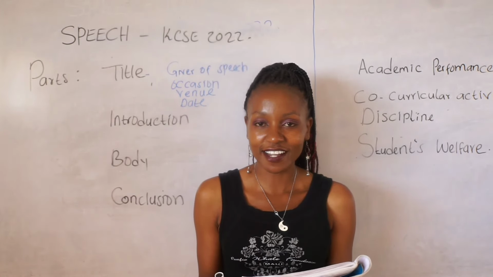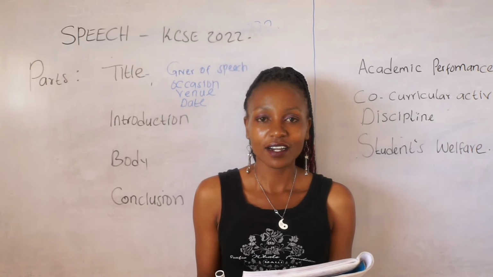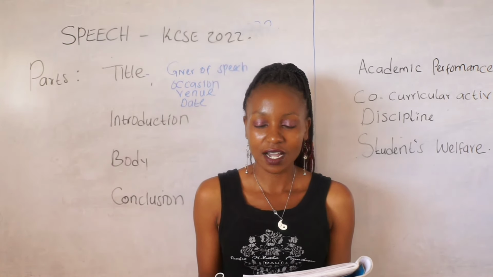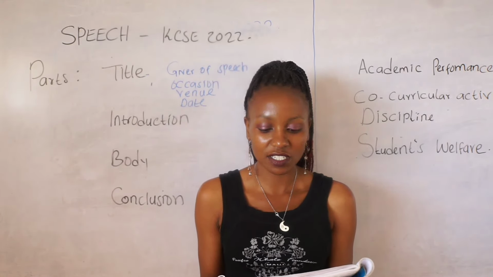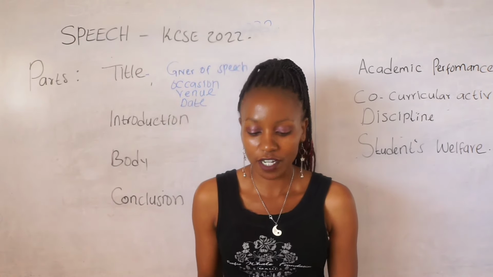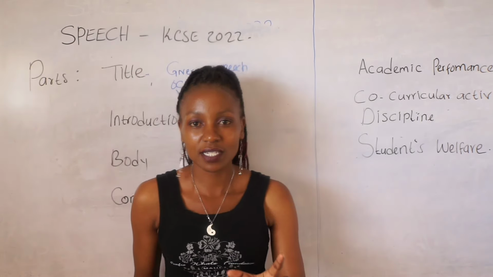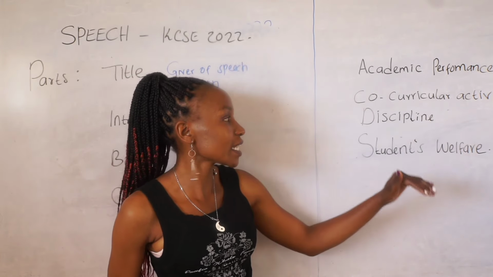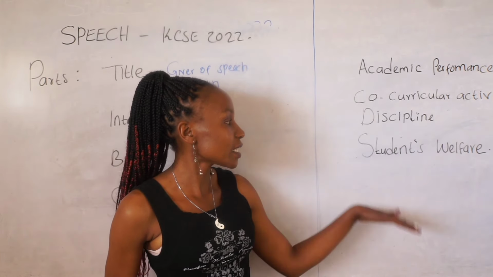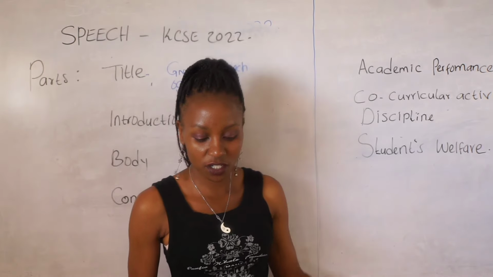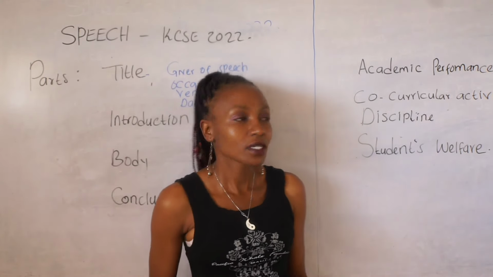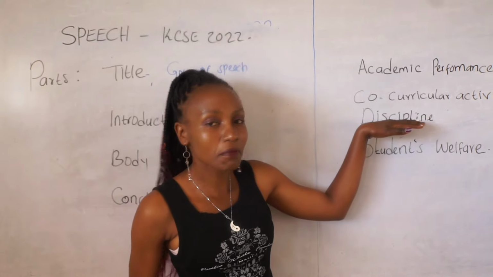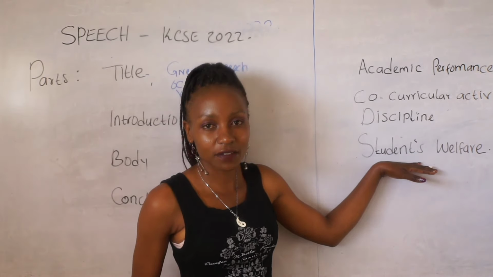Ensure your speech addresses issues of discipline, academic performance, co-curricular activities, and student welfare. So these are our main points, and they are 4: academic performance, co-curricular activities, discipline, and student welfare. This is what we are going to put in paragraph 1, paragraph 2, paragraph 3, paragraph 4.